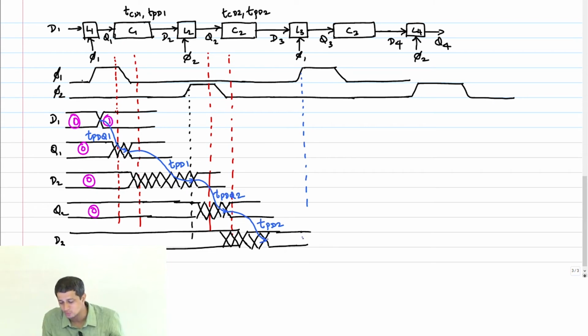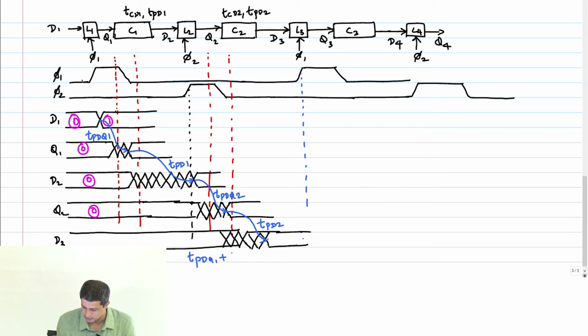How far can this edge move if I don't want to borrow time from the next cycle? It should finish exactly at T_C, right? So therefore, I'm just going to write the sum of all of this.